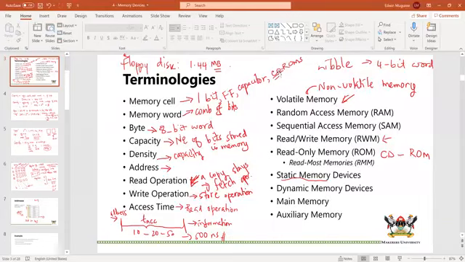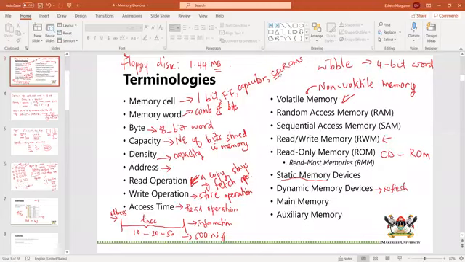With the dynamic memory, yes, you also need power for the information to be stored there, but just because there is power does not mean that that information will stay there. It can actually disappear. And so with dynamic memory devices, the only way to ensure that that information stays there is we have got to refresh it.